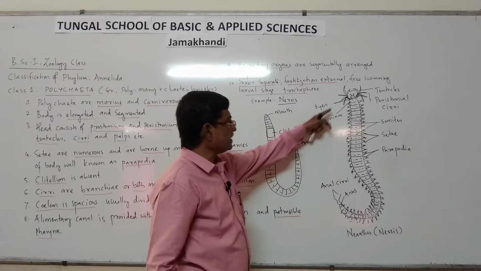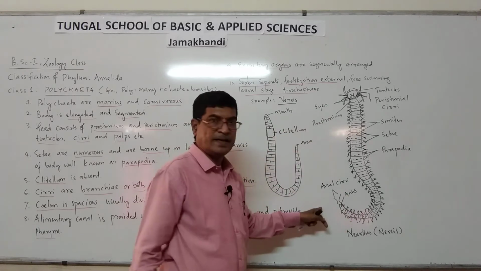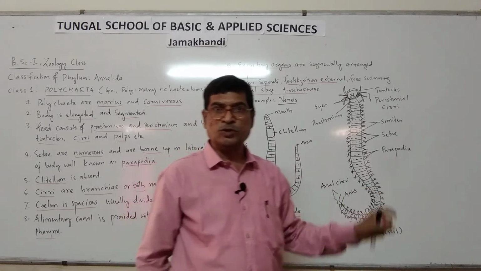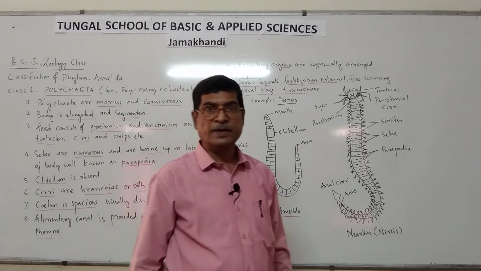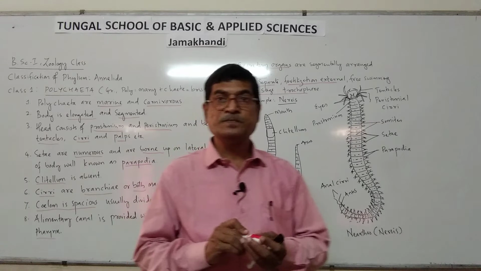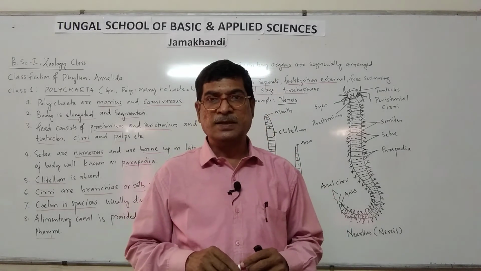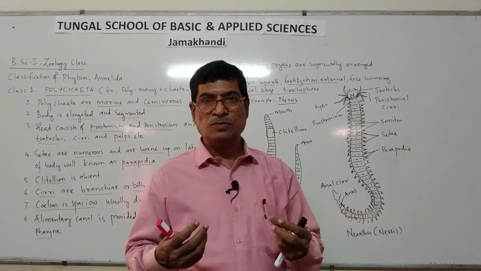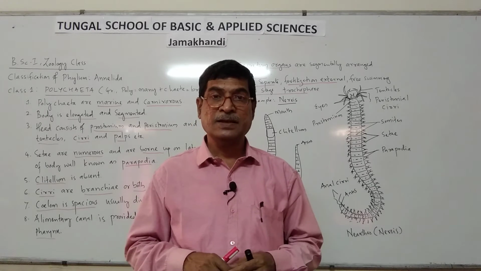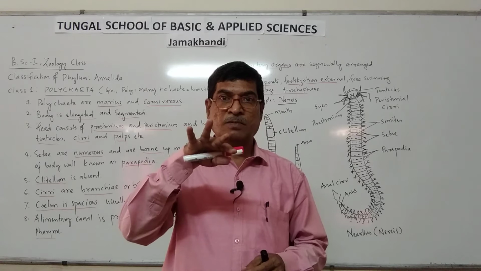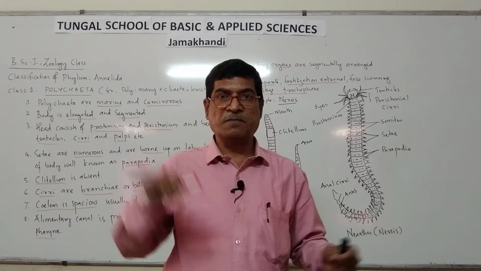So, example Nereis. This is the Nereis. Nereis is present in shallow sea water. They prepare their burrow. They are nocturnal. They come out of their burrow during night time. During breeding season, they swim towards the surface of the water.